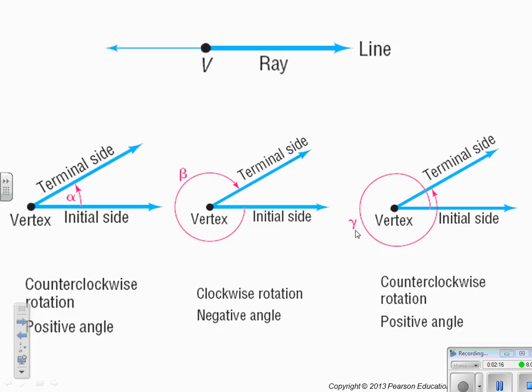So if we are going counterclockwise, we can go all the way around our circle, 360 degrees, and then that alpha measure, and end up at the same place as our initial angle. So this is the same two sets of rays that meet at a vertex, but three different angles that could describe how we get from the initial side to the terminal side.